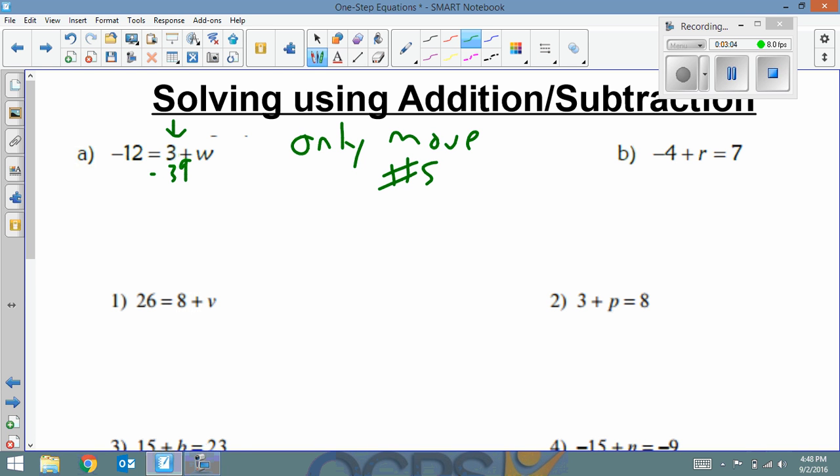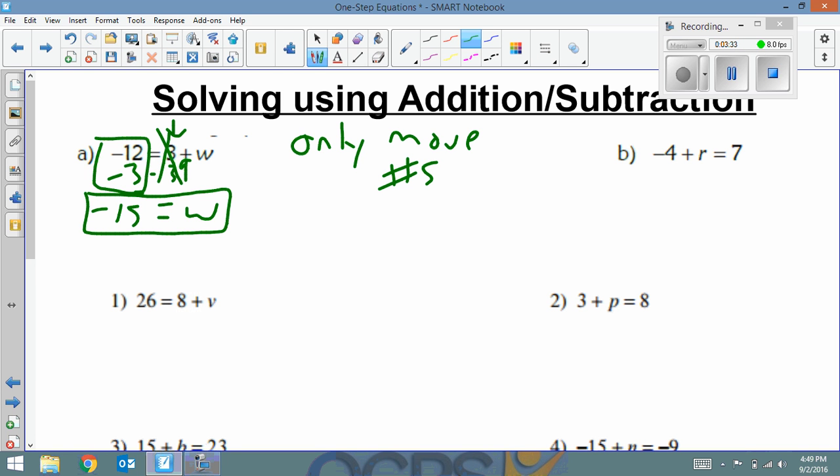Whatever you do to one side, you have to do to the other. So we're going to subtract 3 from both sides. What that does is it takes that 3 and makes it go away, leaving me with just w. And then we just do exactly what it says. So this says negative 12 minus 3, which is negative 15. So our final answer would be w equals negative 15.